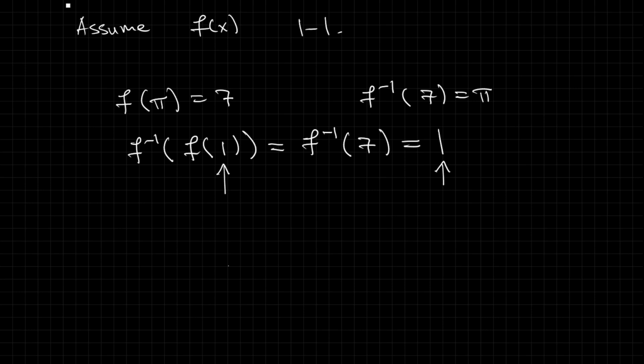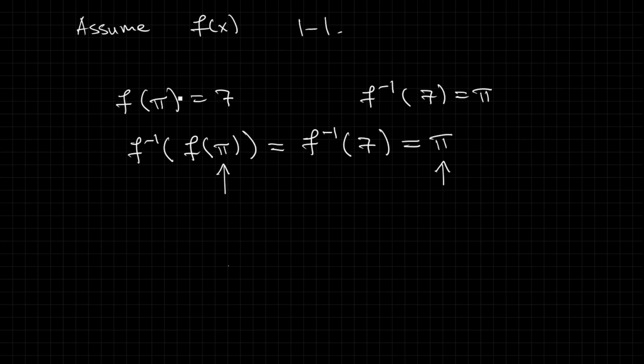And now when you do f inverse of f of pi, well, f of pi is 7. So that means that we'll be doing f inverse of 7, and f inverse of 7 is pi. So the output here for the composition would be pi.